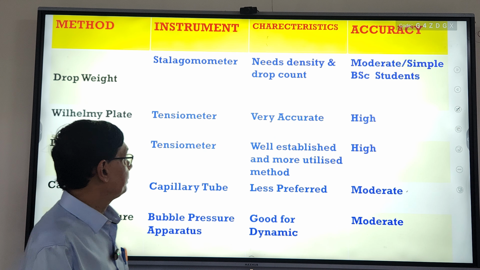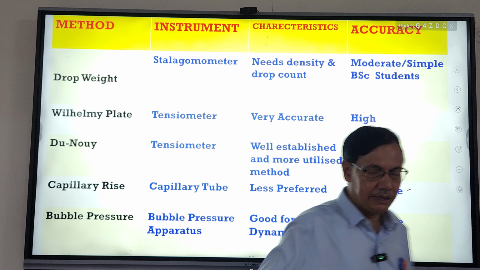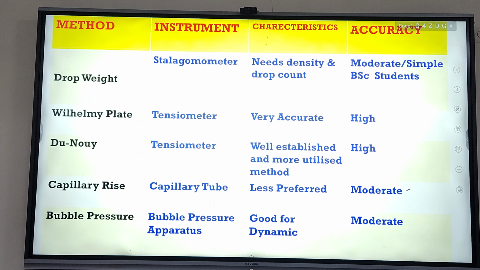Now the methods. Please see it very carefully, because sometimes if you don't have any sophisticated equipment, you have to use a very common piece of glassware, which is called the stalagmometer. And I think during your BSc classes, you have already studied the principle of the drop weight method.